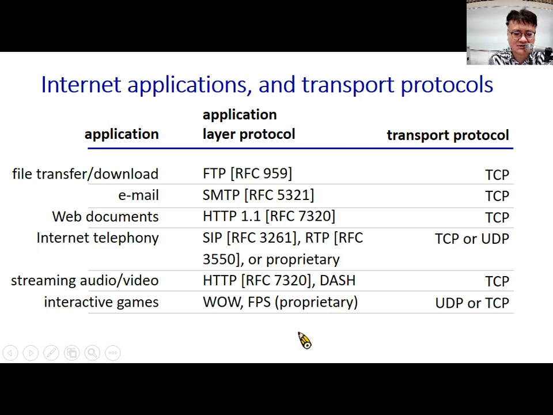So it depends on the proprietary protocol in the application layer protocol. In this table, you can see very clearly the Internet applications and their transport protocols, UDP or TCP. TCP is what we call reliable, but UDP is unreliable.